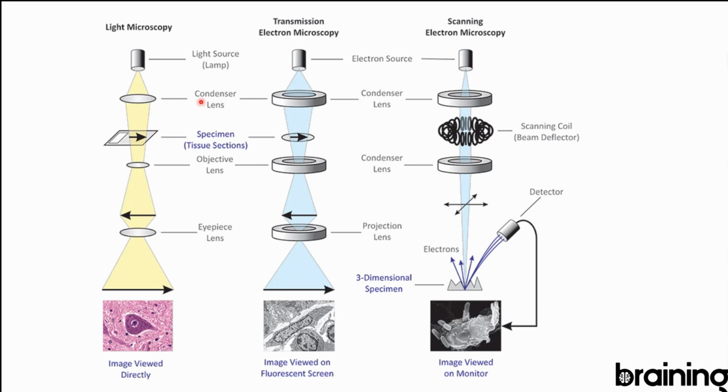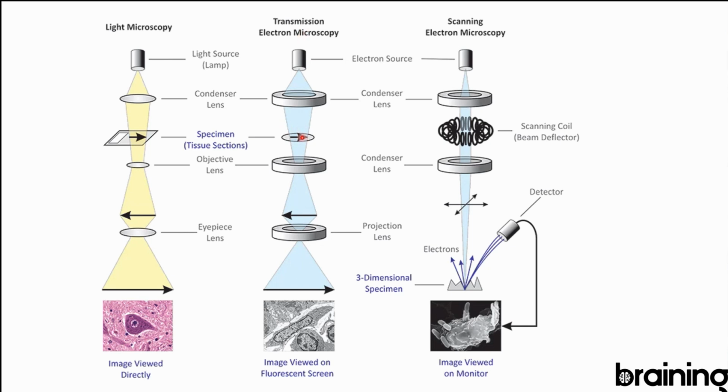And then we have lenses like condenser, objective, and also an eyepiece here that we don't have in the electron microscopes, because we don't see electrons. We just see the light. And then you see here you have the specimen tissue section for the light microscope, and also for the transmission electron microscope.